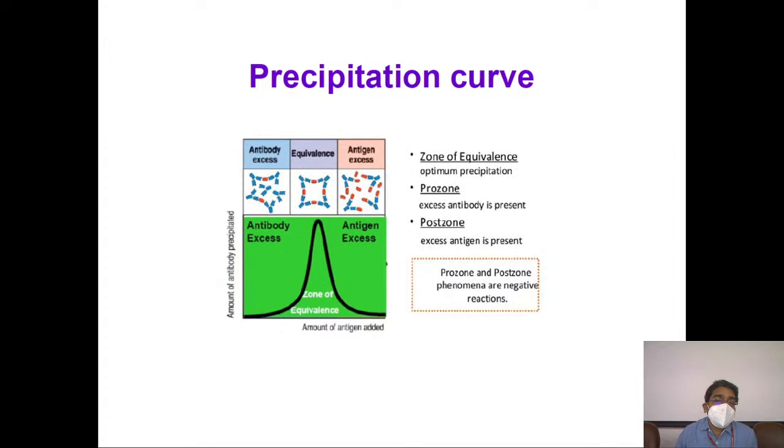That is basically an agglutination reaction. You remember the example of brucella for the agglutination reaction, but just to explain the phenomena of prozone and post zone, I brought that brucella here.